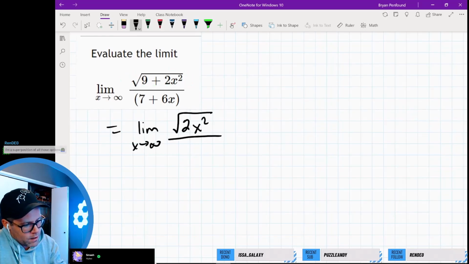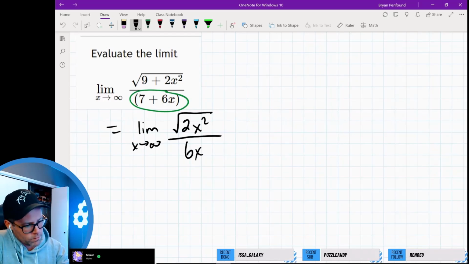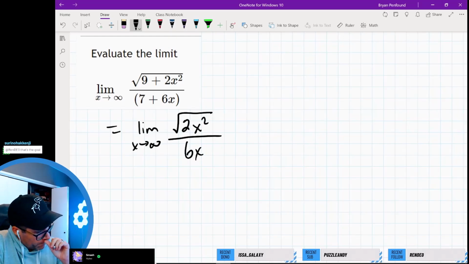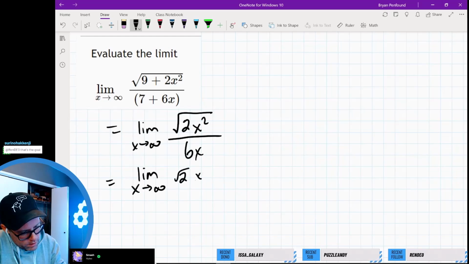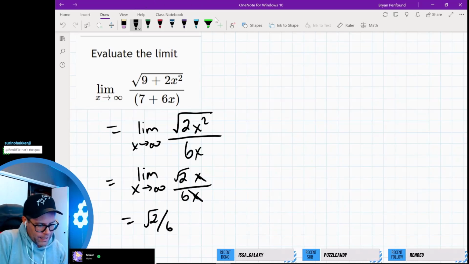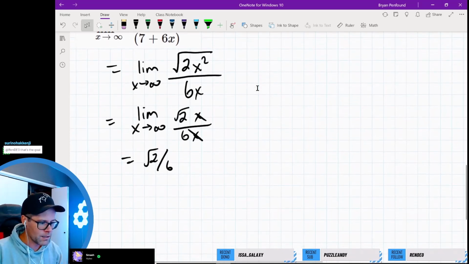And in the denominator, our dominating piece is going to be 6x. So I think I'm okay doing this. And I know that x is going to be positive, so the square root of x squared is just going to be x. So this should be fine. We should get root 2 times x over 6x. So x's cancel, and we're going to be left with root 2 over 6. Root 2 over 6, I think.